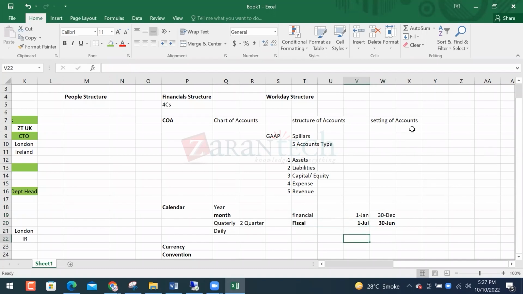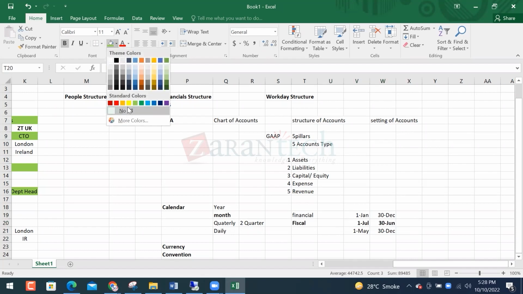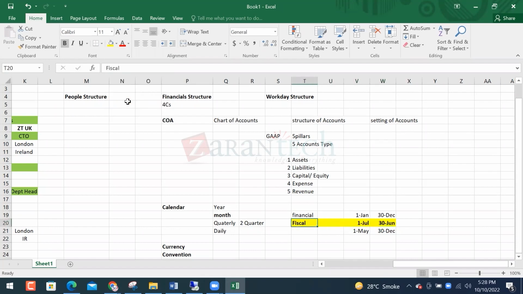Any month means I can start my business from 01 May till 30th April. For any corporate sector, that is the most important. 90% of the time you will see this month or these intervals defined in the system. I will show it in Workday as well. So this is my second part, that is the calendar.